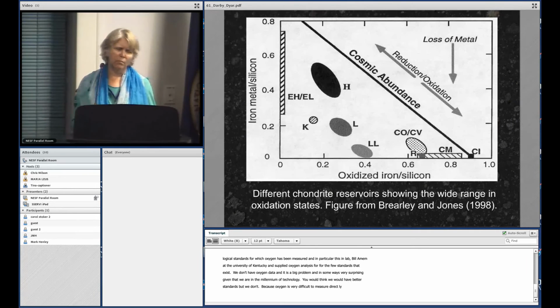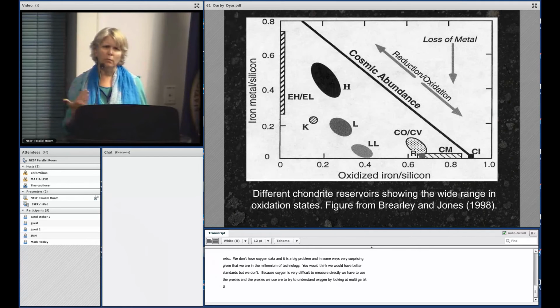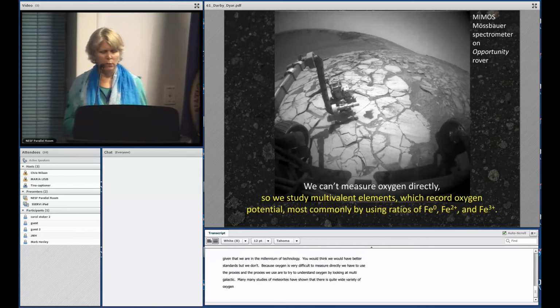And many studies of meteorites have shown, such as the ones here by Barley and Jones, that there's quite a wide variety of oxygen fugacity represented in our solar system and in various kinds of solar system materials. So again, stressing the importance of being able to make these kinds of measurements.